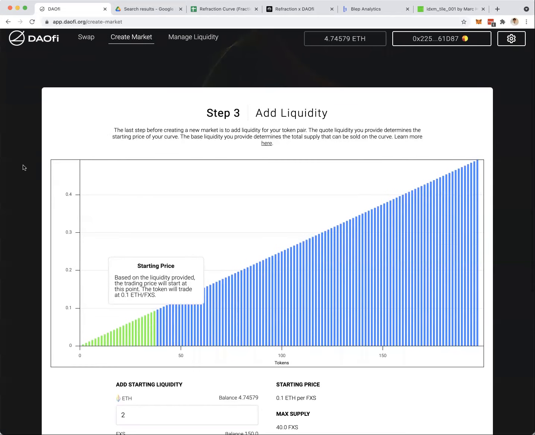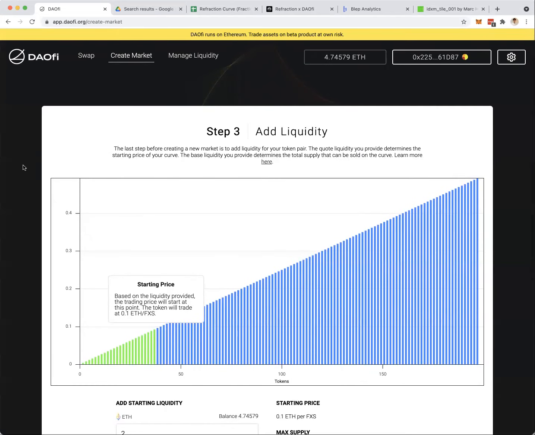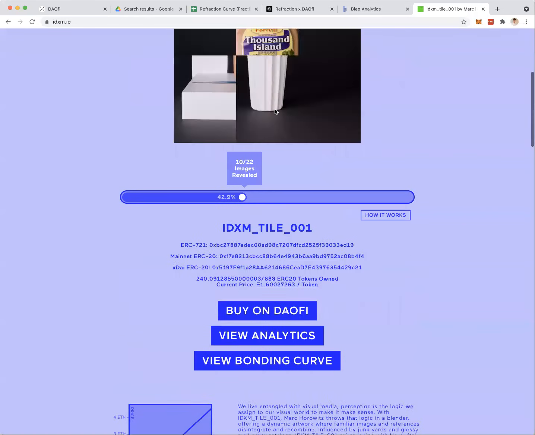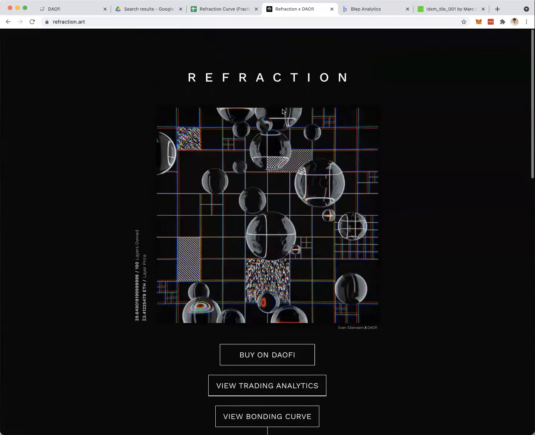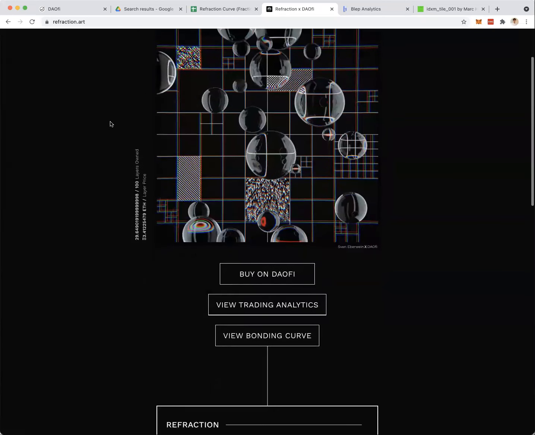And so to provide further light on that, we've launched a few fractionalized NFTs, IDXM and Refraction. Both of these art pieces burn the NFT and at the same time mint ERC20s. But internally, we're learning from these launches, we're observing, and we're seeing what is the right way to react to the reaction.